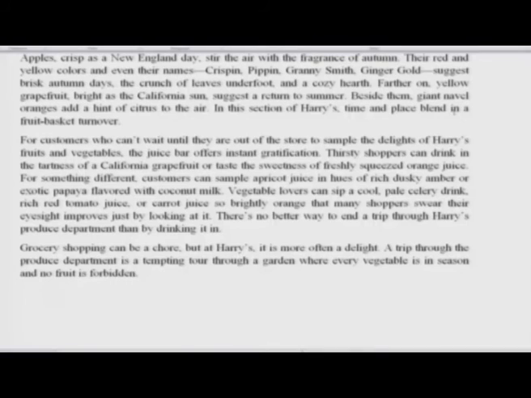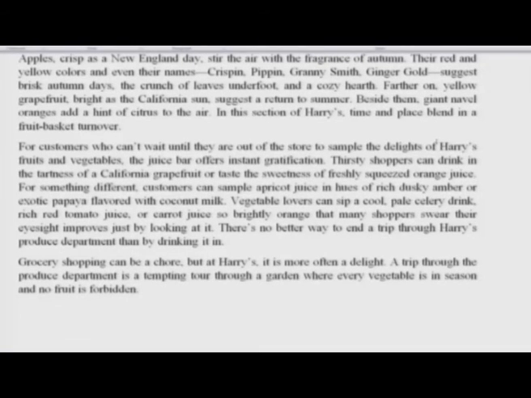Now, this third paragraph here again talks about the juice bar. So, tartness, the taste, sweetness, here it is again taste, rich dusky amber, so color, visual images, papaya flavored, something to do with taste. So, the writer here uses multiple sensory images to create this beautiful picture about this supermarket.